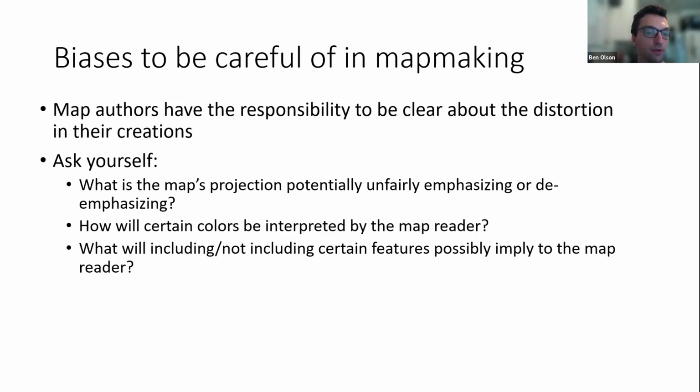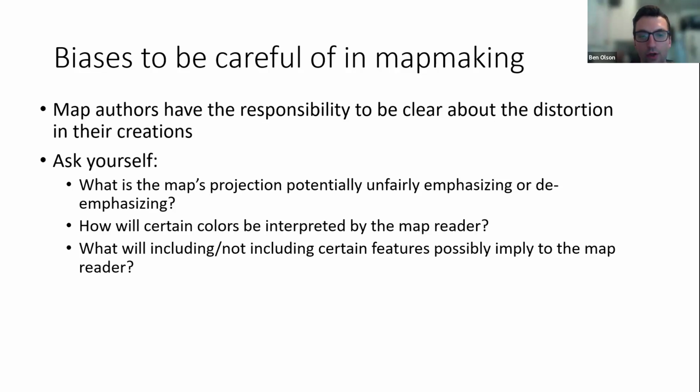Do you want to perhaps choose a different color? There's a similar issue with features that people expect to be a certain color because of how they are in the real world. Map readers expect bodies of water to be blue and parks to be green. If you're choosing a different color for these things, are you introducing a potential bias?